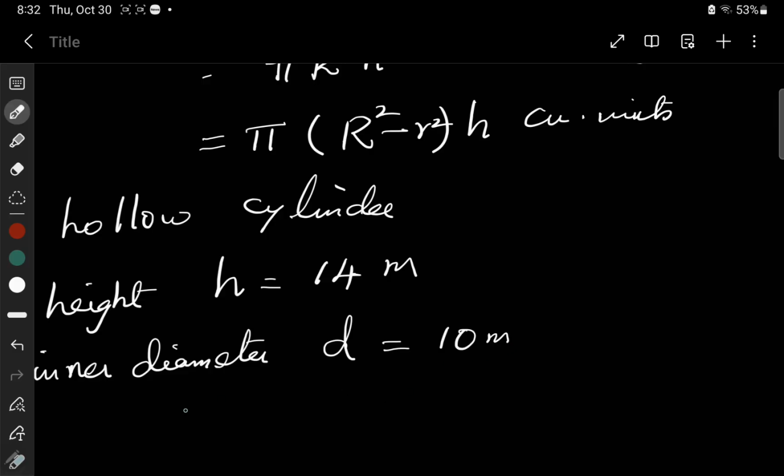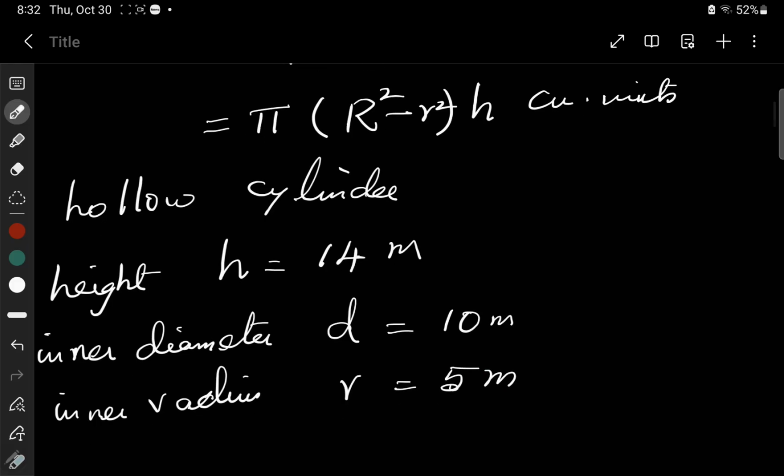So the inner radius, small r, is equal to half of this, 5 meters. See, all the units are in meter.